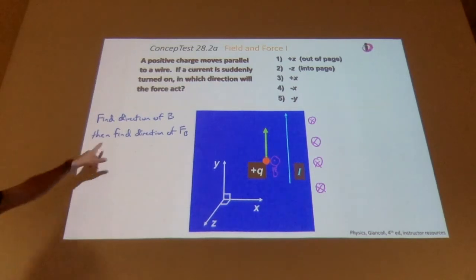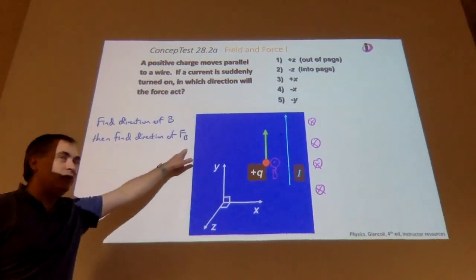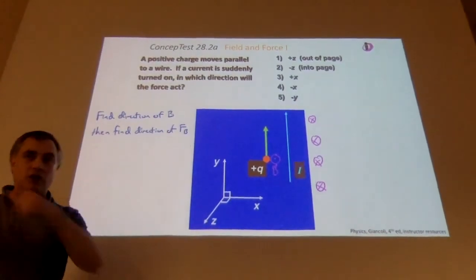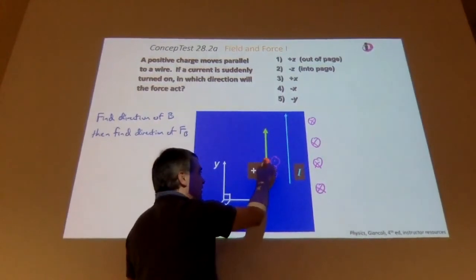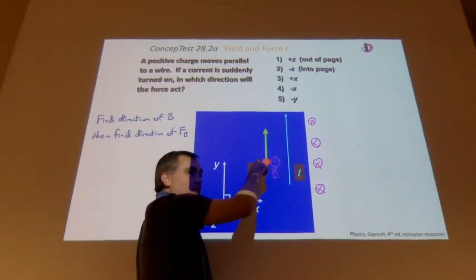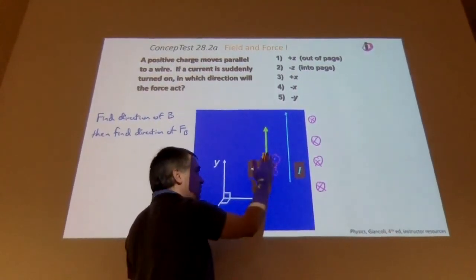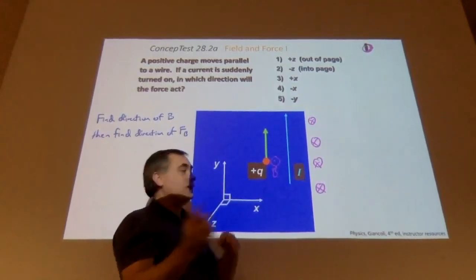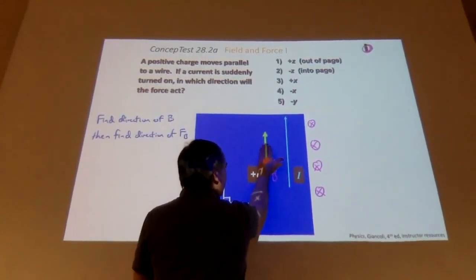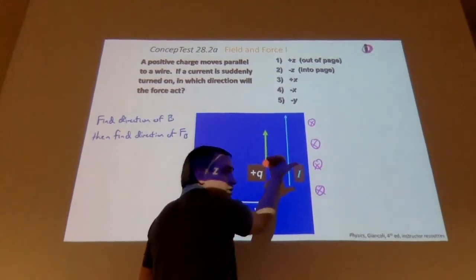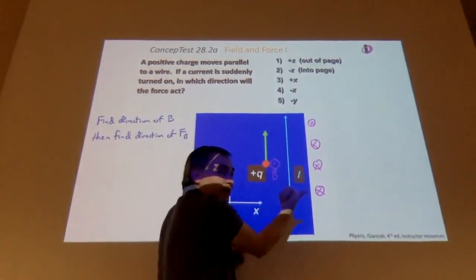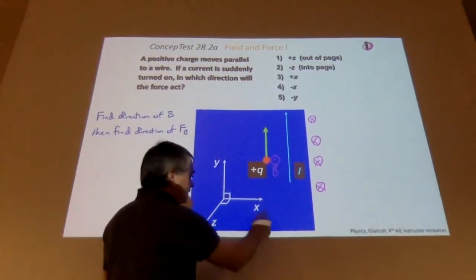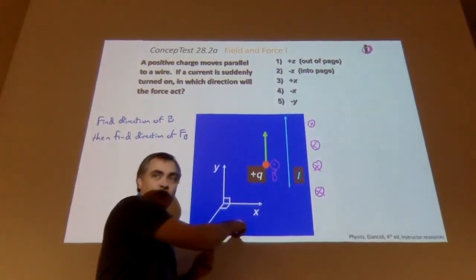Now the different right-hand rule for the direction of the force, remember it's Q times V cross B. So we start with our fingers in the direction of the velocity of the charge, and then orient our hands so that our fingers will turn toward the direction of the magnetic field. So I have to go this way, and then my fingers turn in the direction of the magnetic field. Notice which direction my thumb is pointing. To the right. Toward the wire, that's the positive X direction.